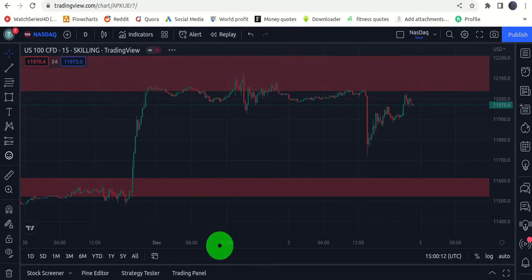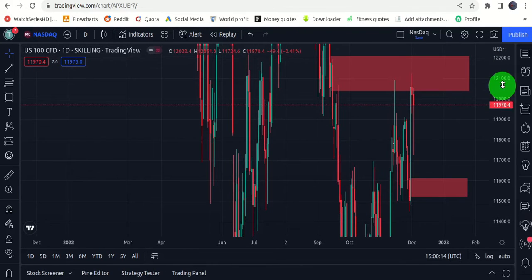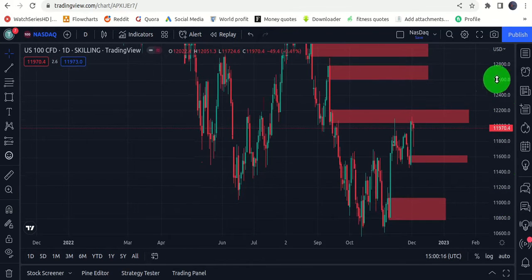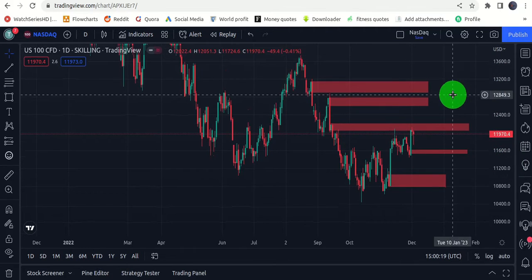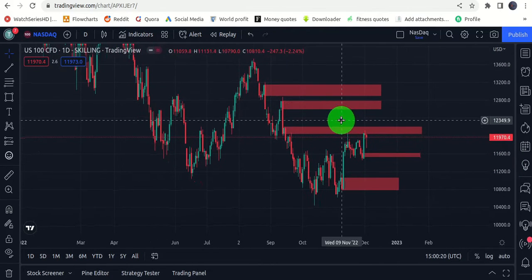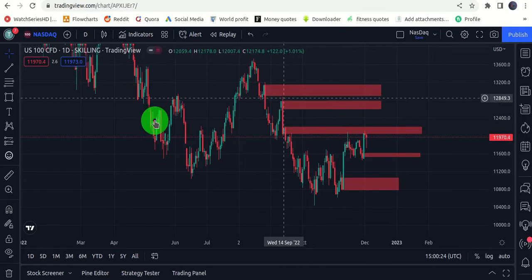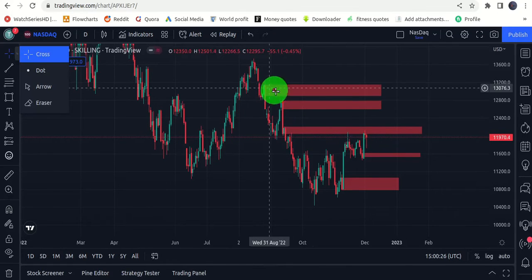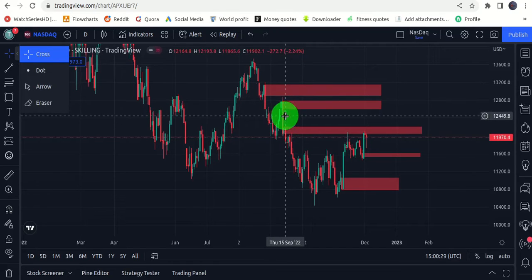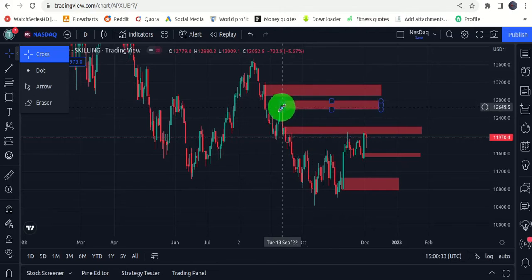Another concept associated with order blocks is an imbalance, or the fair value gap. Let me just show you what that really is. As you can see, before this huge red candle, the market was on the green candle.